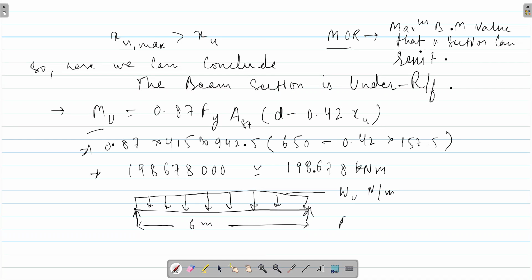So, as we all know, the factored bending moment value for a simply supported beam carrying a UDL is WU L square by 8.